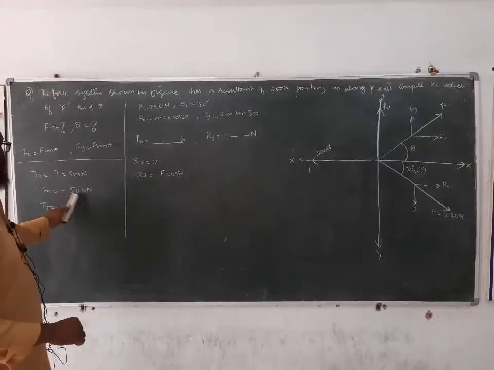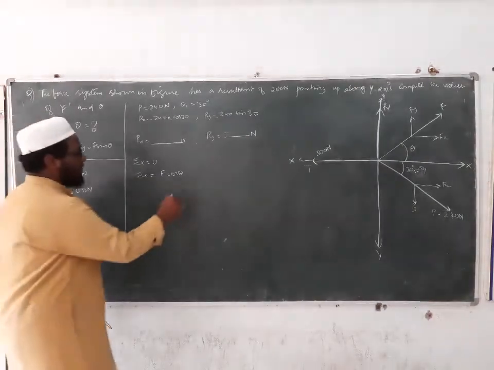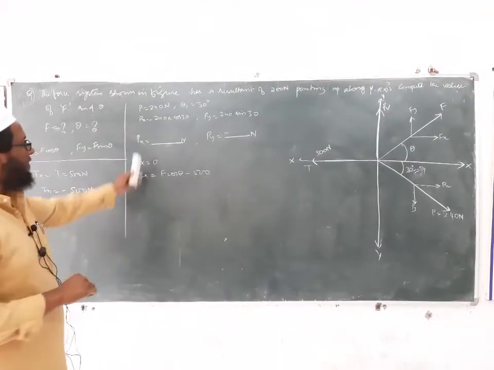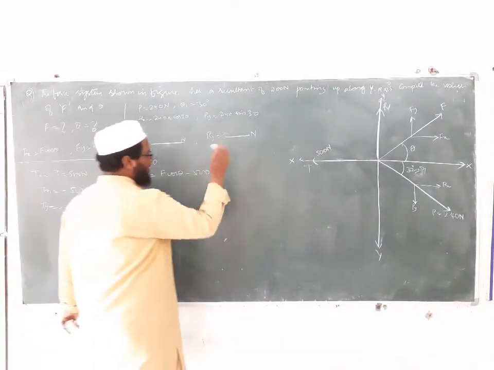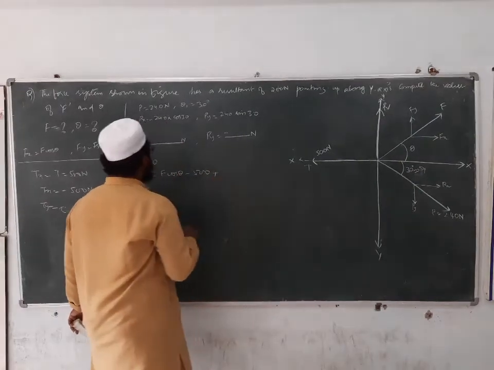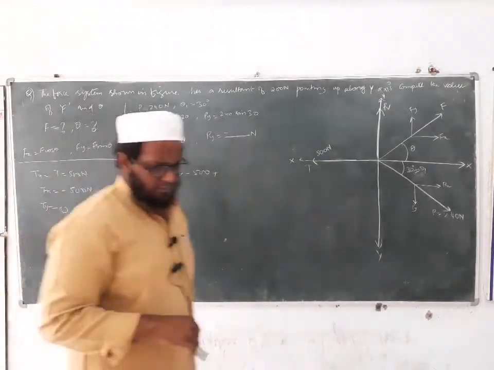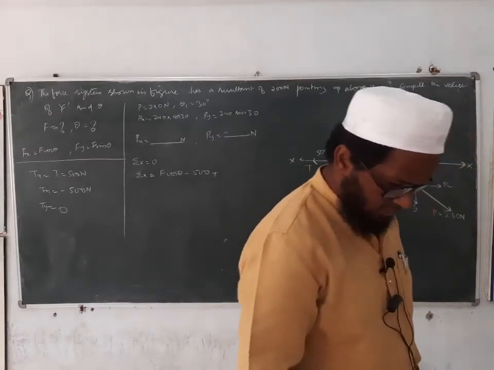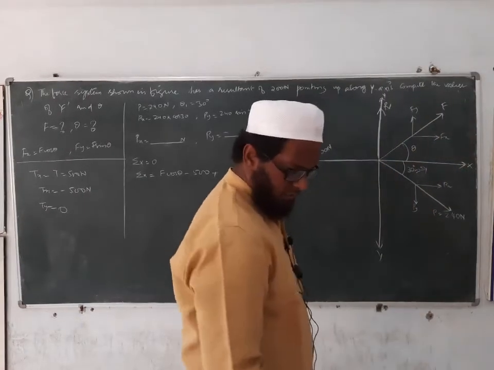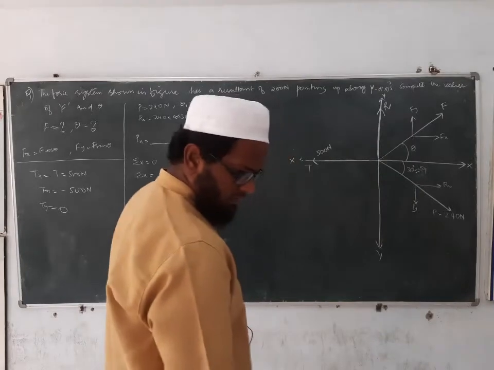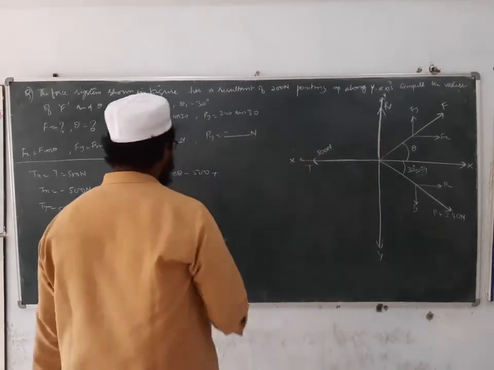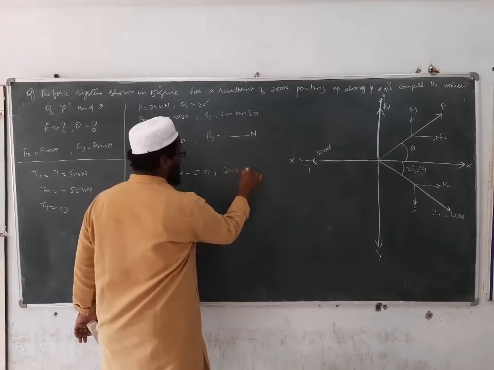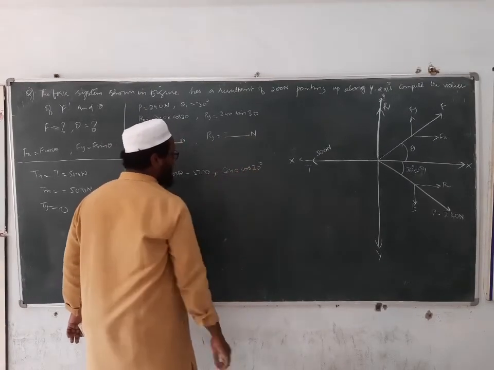Then here it is going in negative x direction, so minus 500, isn't it? Then we have Px. Px is going in positive x direction, so plus, what is the value of Px we have? For the value of Px, we will write directly the same value, that is 240 into cos 30.